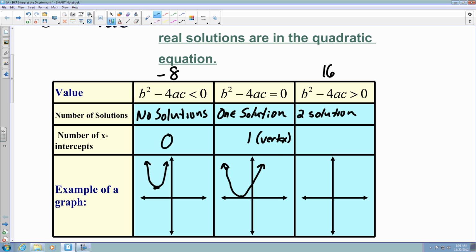So that's where we get two solutions from. So if we have two solutions, that means we would also get two x-intercepts. And the example of that would be something that would cross the x-axis twice. Just like this graph here, where it would cross here at the x-axis, and it would also cross here at the x-axis.